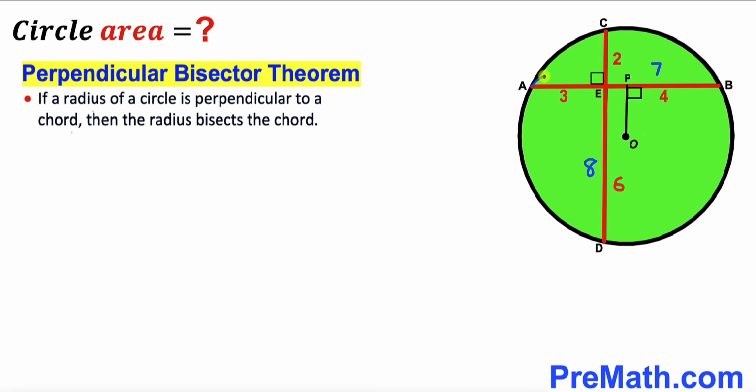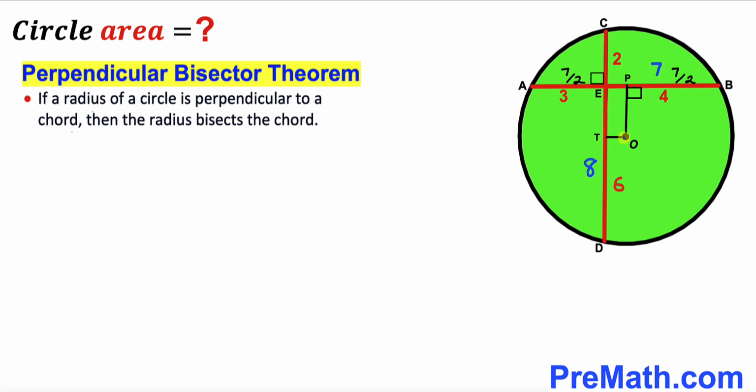In other words, segment AP length is equal to segment BP length. We know this whole chord AB length is 7, so this BP segment length is going to be 7 divided by 2, and likewise this AP length is 7 divided by 2 as well. Likewise, I have dropped another perpendicular OT on this chord CD, and we recall this perpendicular bisector theorem once again.